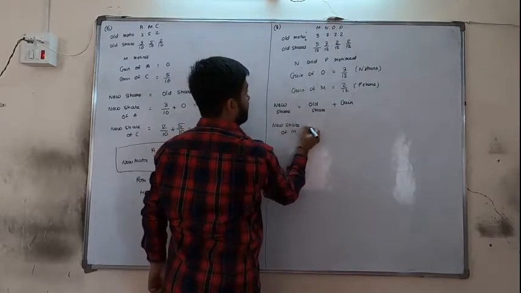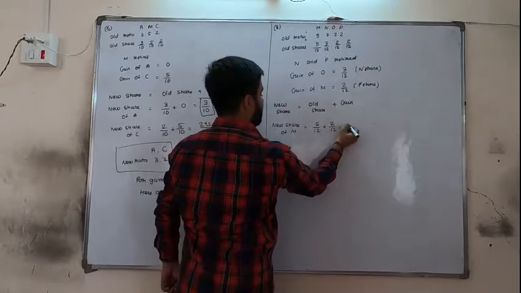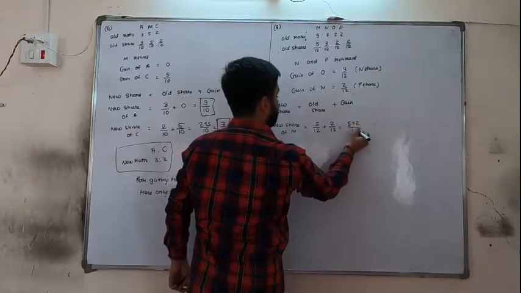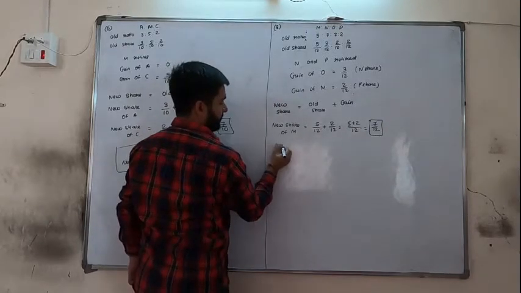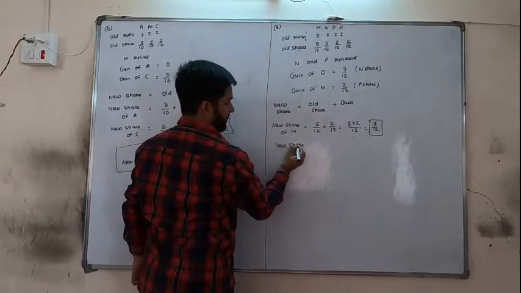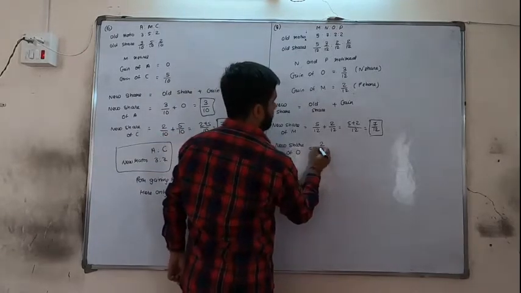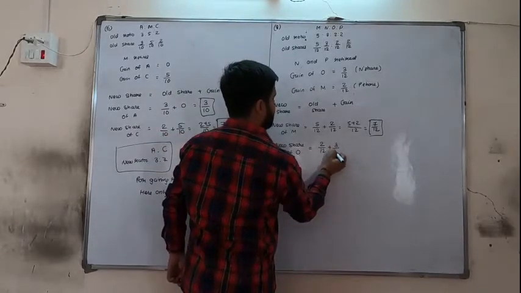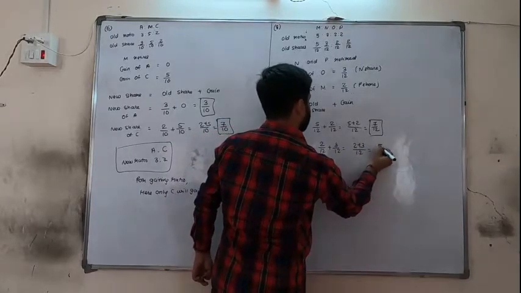New share of M: old share is 5 by 12, gain is 2 by 12, 5 plus 2 by 12 is 7 by 12. New share of O: old share of O is 2 by 12, gain is 3 by 12, so 3 plus 2 by 12 is 5 by 12.